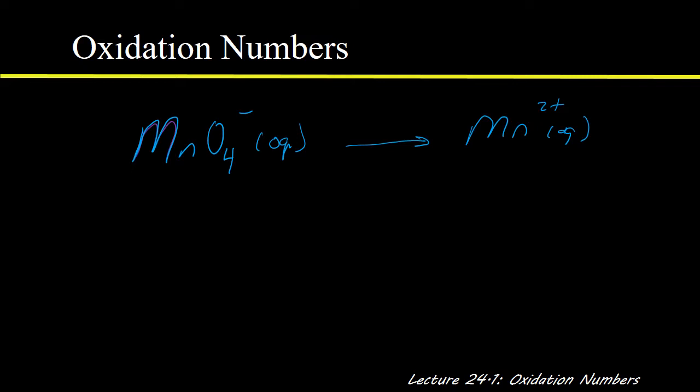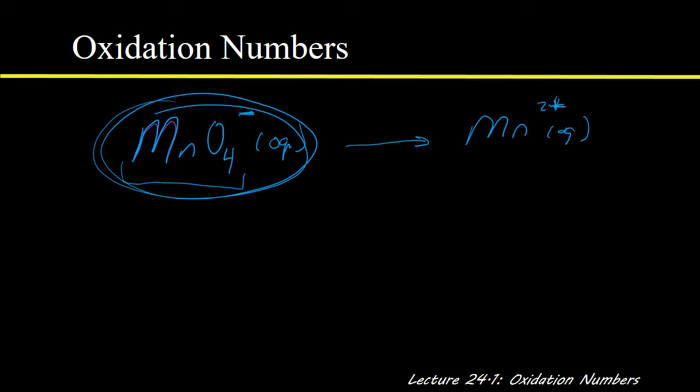But it's difficult to tell that because these numbers here aren't quite as easy to read as they were in the case for monatomic ions. And the reason is because we've got this polyatomic ion here, this permanganate ion. That makes it a little bit more complicated. Okay. So oxidation numbers are a way to keep track of which species are being oxidized and reduced in a reaction when the charges are made more complicated by the case of neutral molecules and polyatomic ions.